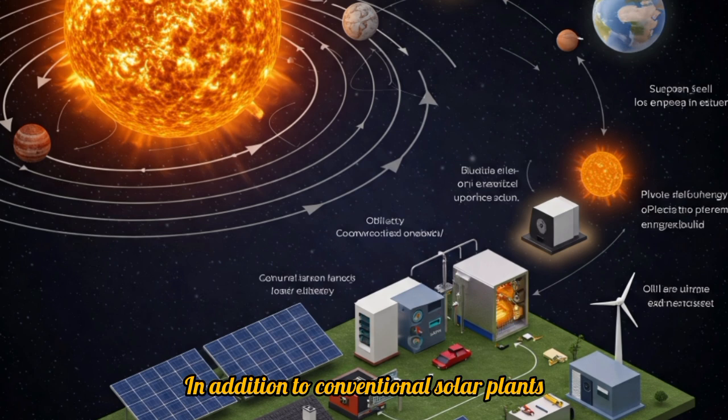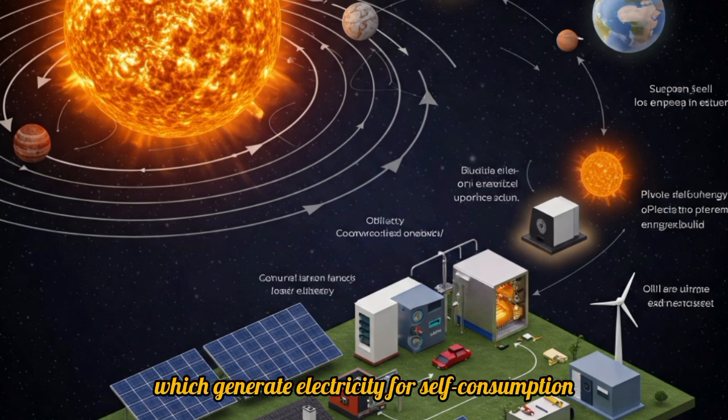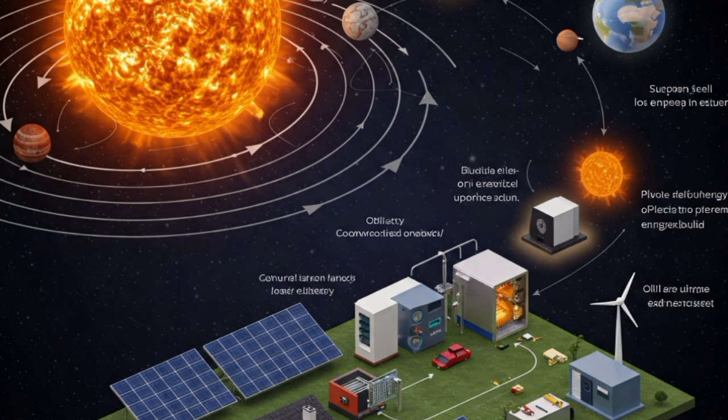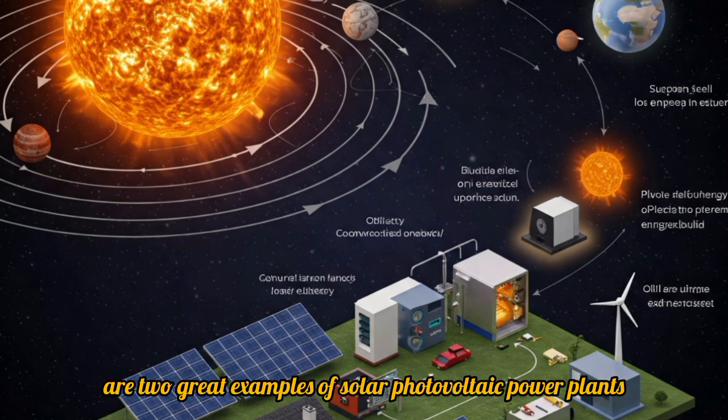In addition to conventional solar plants, photovoltaic systems installed on the roofs of buildings, known as solar communities, which generate electricity for self-consumption and reduce energy costs, or solar farms, are two great examples of solar photovoltaic power plants.